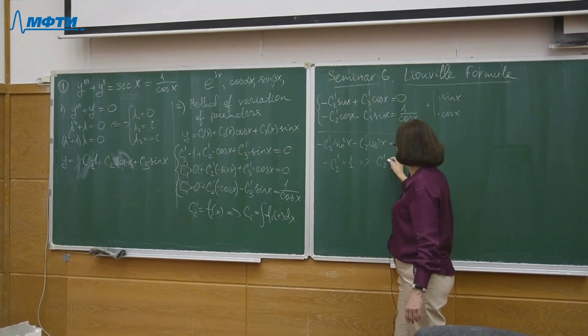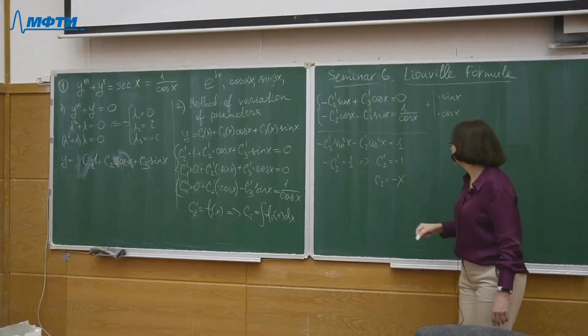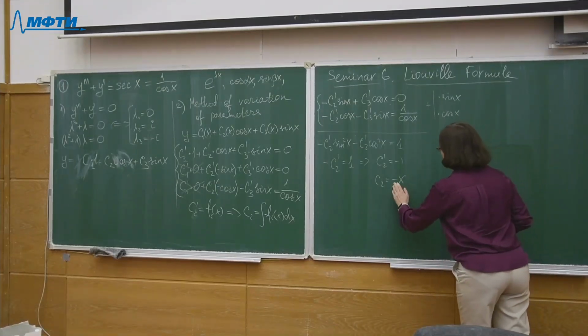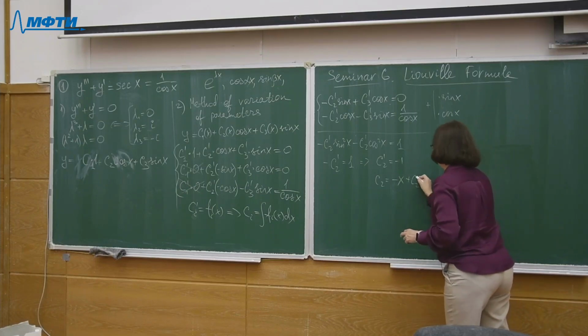So c2 prime equals -1, and c2 equals the integral of -1. The integral is minus x plus c2 bar.